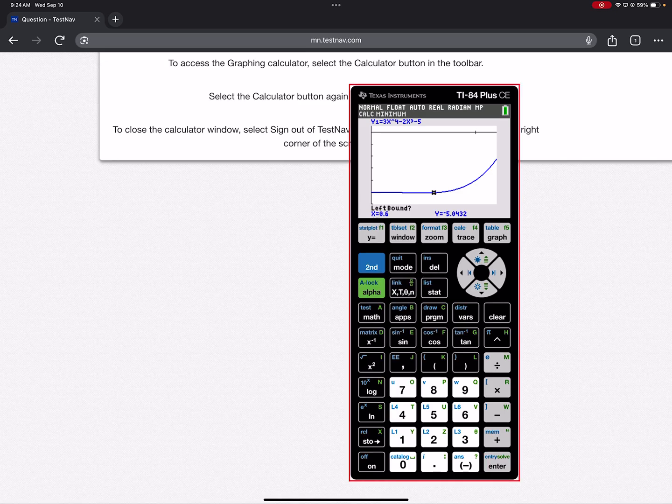Do you see how it says left bound? What you want to do is pick a point to the left of that and pick a point to the right of that. So for left bound, use the arrows and scroll to the left and hit enter. Then scroll to the right past it and hit enter again, and then hit enter.